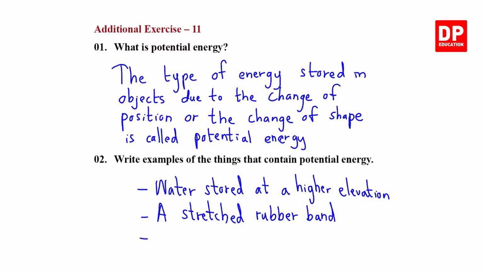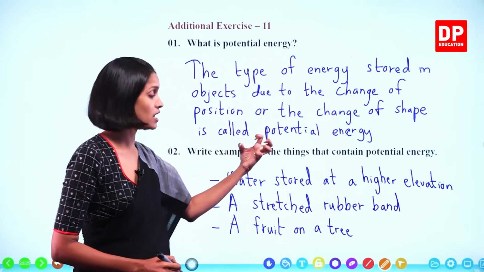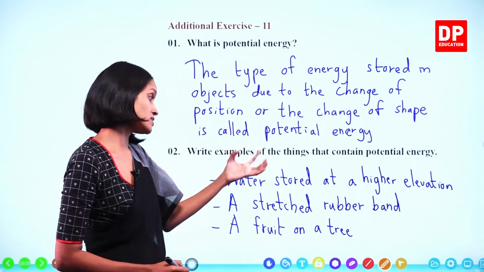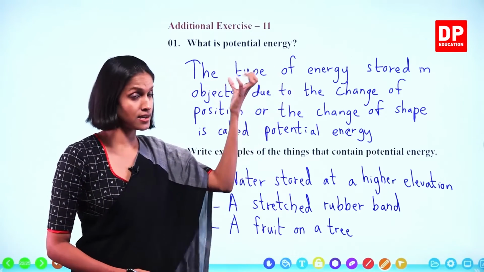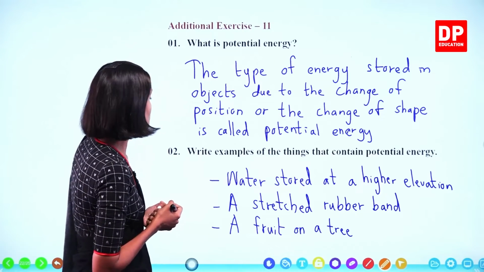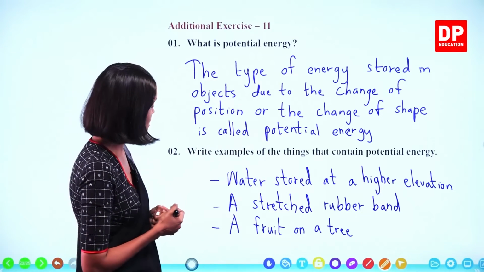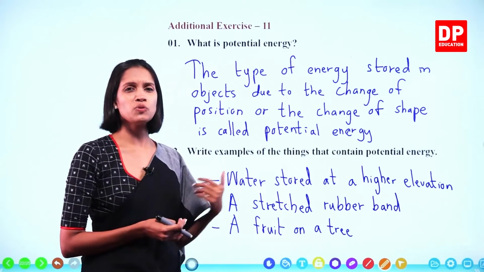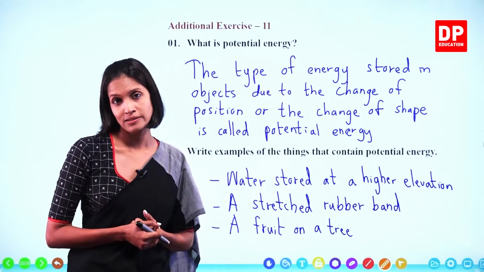Then we'll write one more example: a fruit on a tree. Just before it falls down, when it is still fixed to the tree, it has potential energy because it's at a height, right? Water stored at a high elevation, a stretched rubber band or a stretched bowstring, a fruit on a tree, those types of examples you all can write, right?